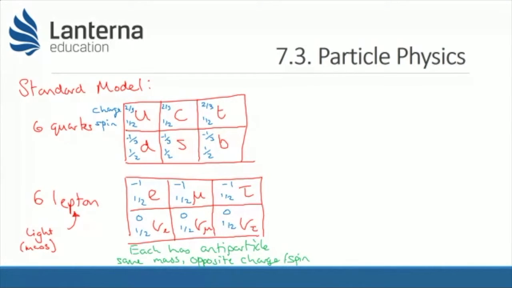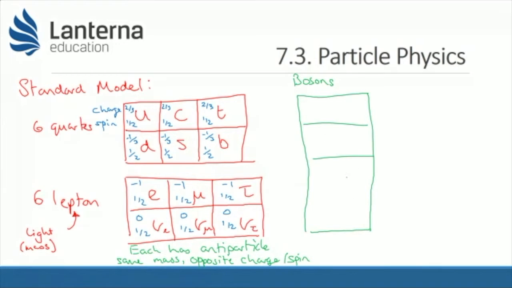Now, as well as the particles, we've also got what we call the bosons. And these are basically the particle physics method of explaining forces. So we can split the bosons up into 4.